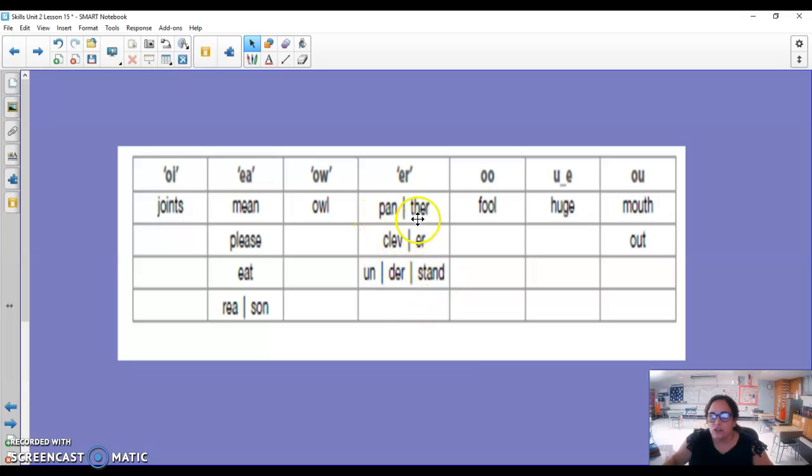So that means there's two vowels in this word, two vowels in that word, and three vowels in this word. All right, ready? Let's tap it. What's the word? Panther. Next one. What's the word? Clever. Okay, this one's a long one. Ready? Tap it.